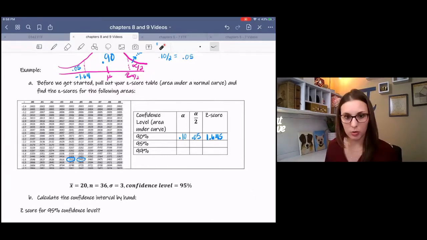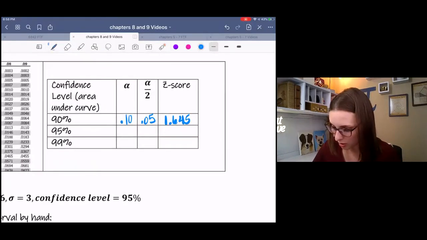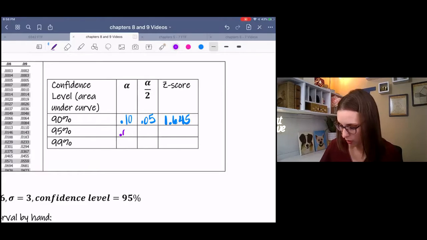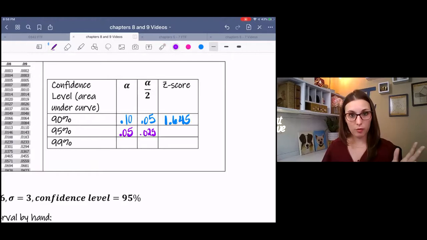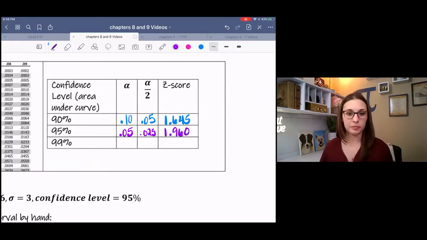Okay, if you drew your own pictures, you should get, let's zoom in here so y'all can see it. 0.05 is alpha, so 0.025 is alpha over 2. And then when you find the area to the left of that, the z-score associated with that is, if we round, 1.960.